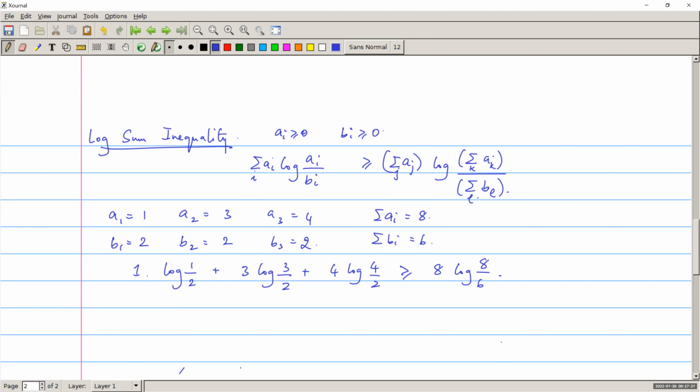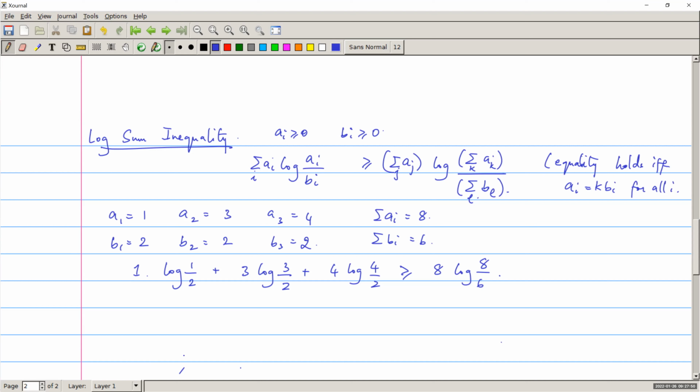Equality holds if and only if a_i equals a constant times b_i for all i. So the equality holds only if a_i and b_i are proportional.